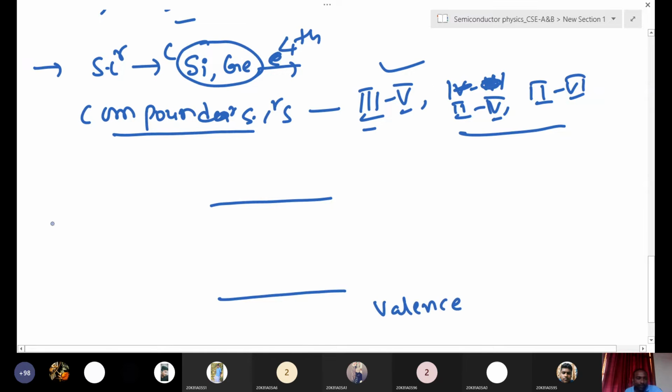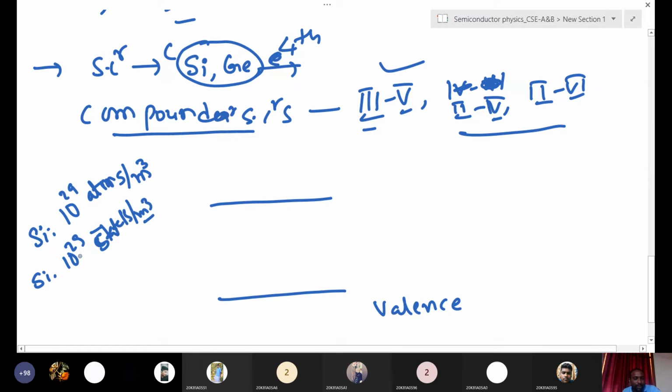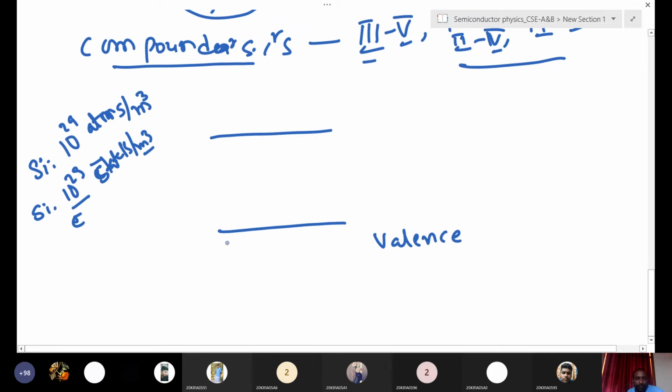If you take silicon, there are 10 power 29 atoms available per unit volume. According to the Pauli principle, there are 10 power 29 states available per unit volume, or per meter cube, and each state can be filled with electrons.